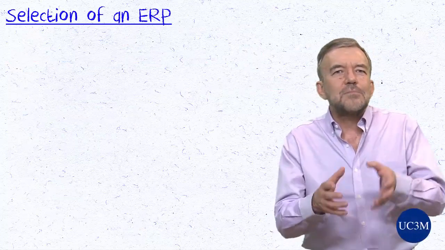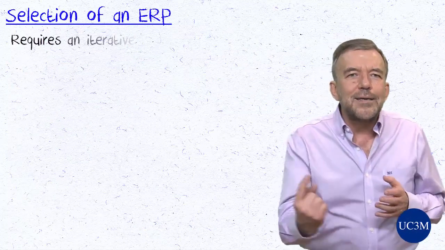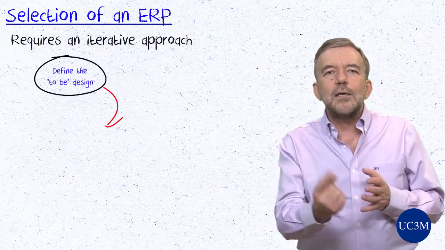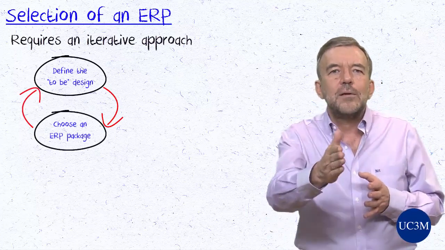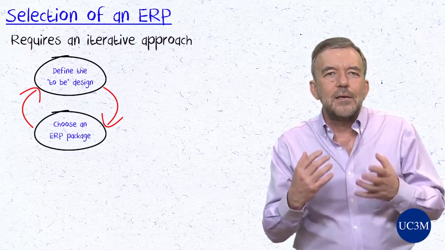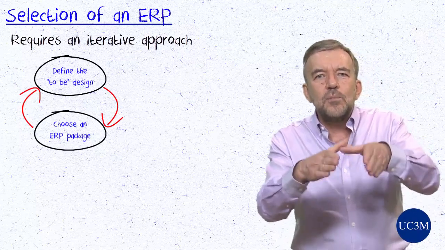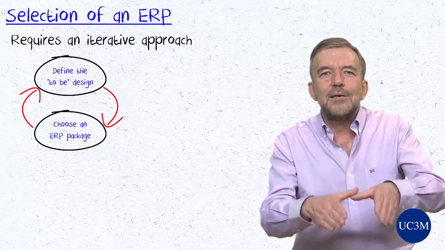This analysis is more complex than it initially seems, often requiring an iterative approach rather than a simple linear one. It is not straightforward to determine beforehand, that is, before choosing the ERP, the desired to-be business process design.